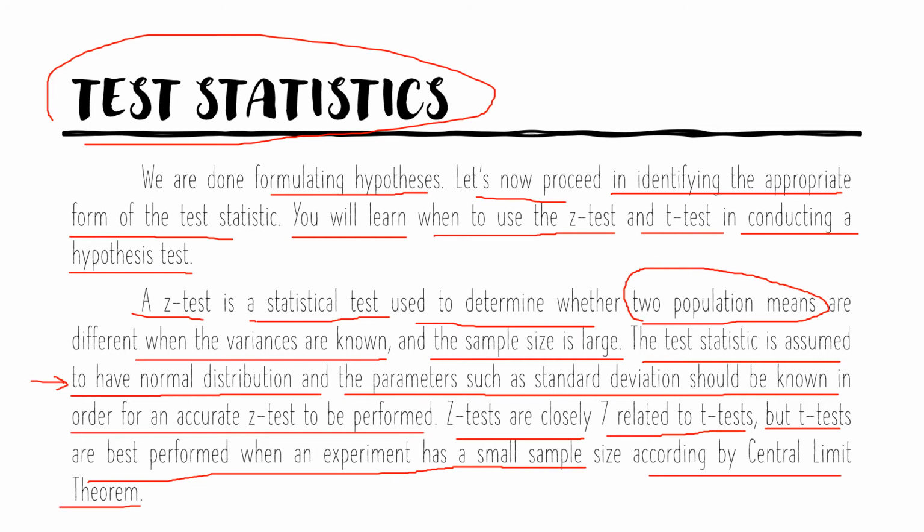So most of the time, we simply use the Z-test if there is a large sample size, and if there is a small sample size, we simply use the t-test.